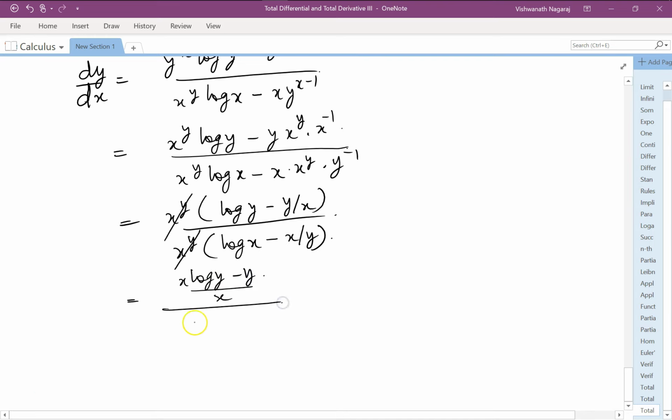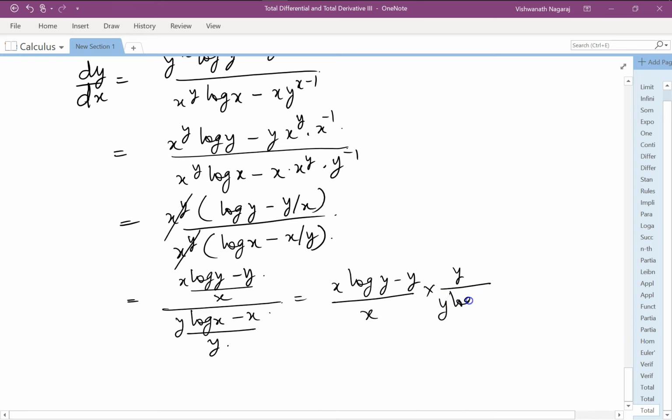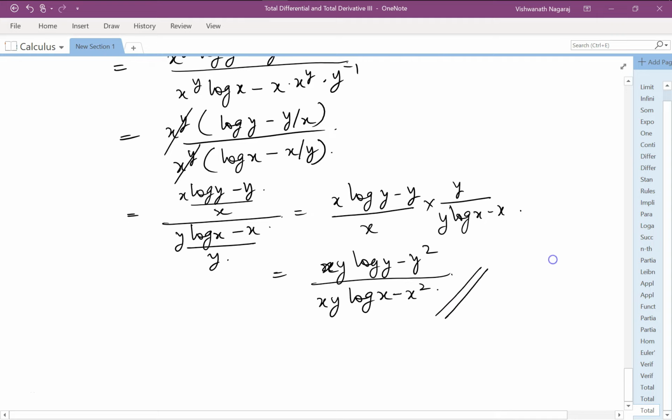Okay, let's do one more step. LCM. y log x minus x, x log y minus y by x times y by y log x minus x, so which becomes xy log y minus y² over xy log x minus x².